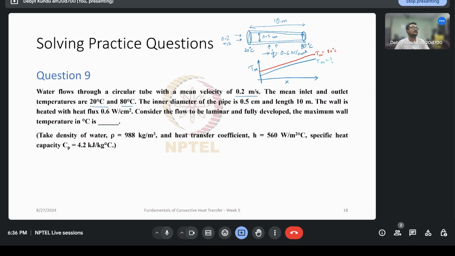This we have to find. We only need to find the maximum wall temperature. Oh, sorry. The maximum bulk mean temperature is given, that is 80 degrees Celsius. The wall temperature we just have to find out. And for that, all these details are not really necessary.